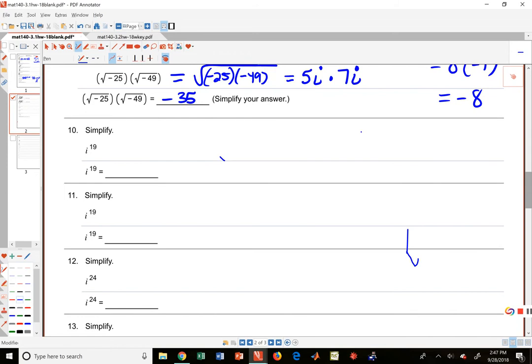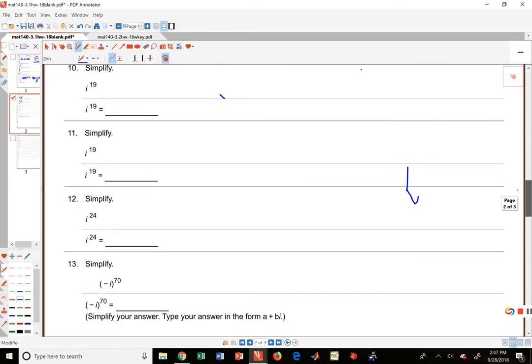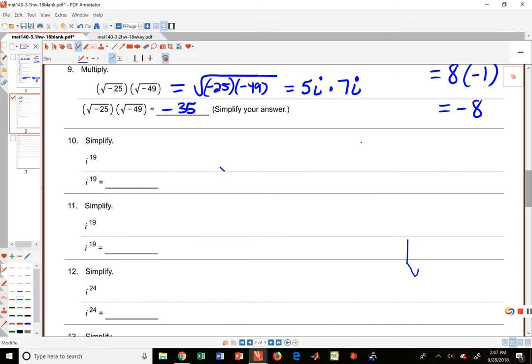Last kind of a few problems here are powers of i, and there's a pattern. Let me start the pattern for you. So i is obviously the square root of -1. i squared is -1. i cubed is negative i. i to the 4th is negative i squared.